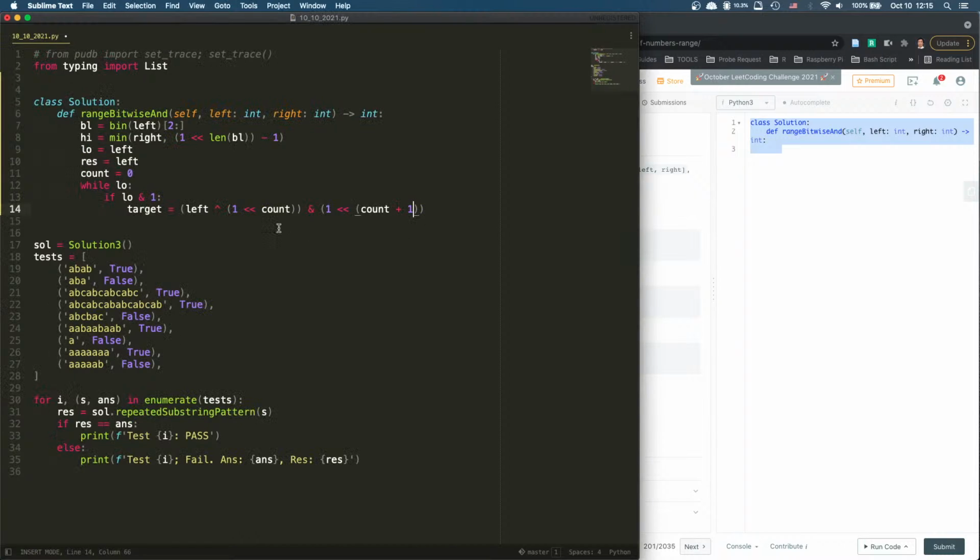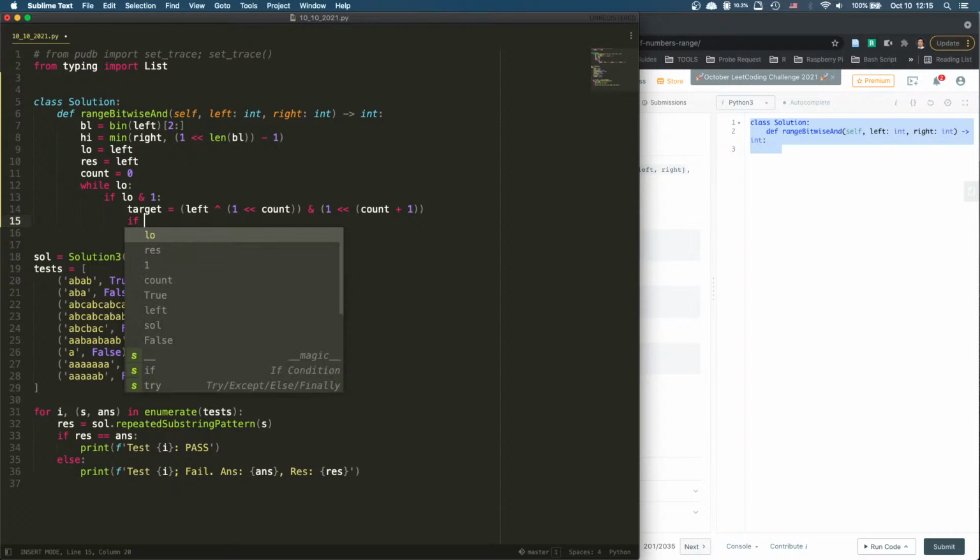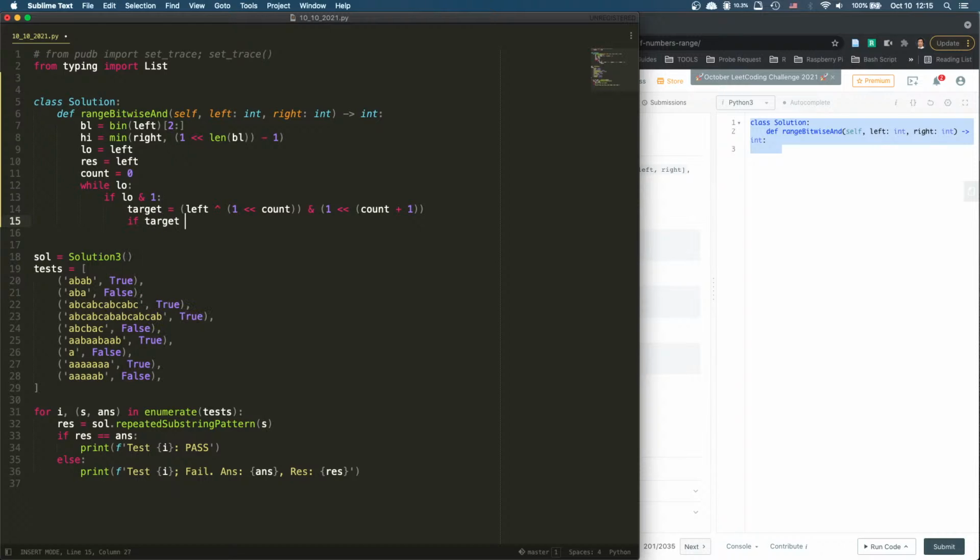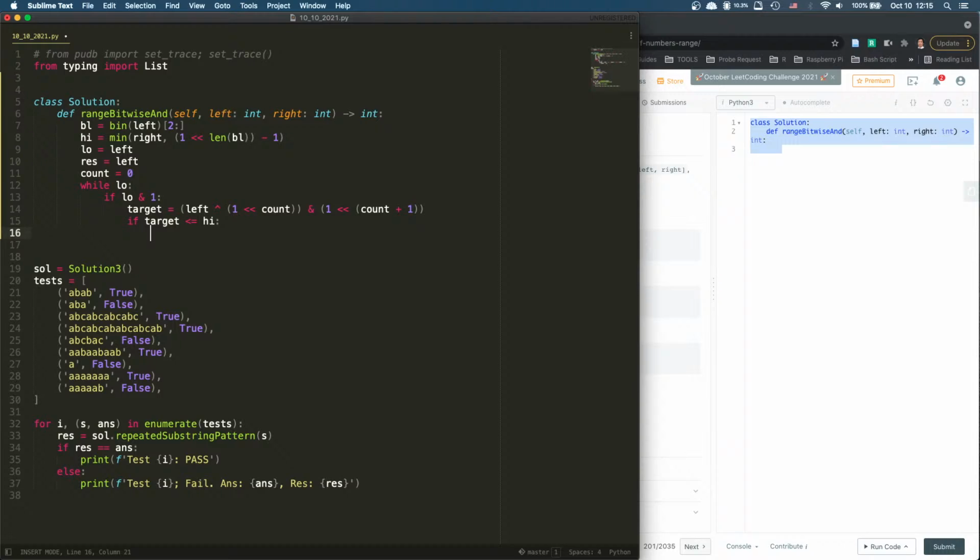Okay, so target is this, and we just say if target is included, which means it's smaller or equal to high, right? If it's included, then I need to change the result, right?